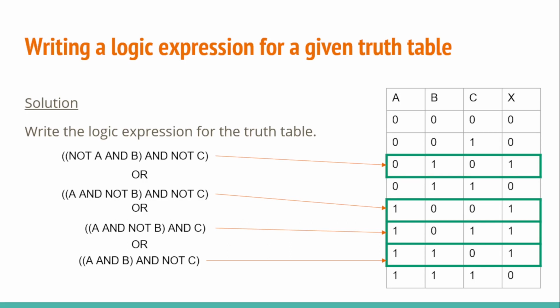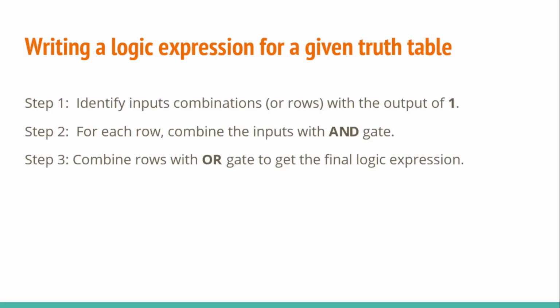We are going to move on to combine this row with the next row below it, which has an output of 1, using the OR gate. And this happens to be the second step recommended above here.